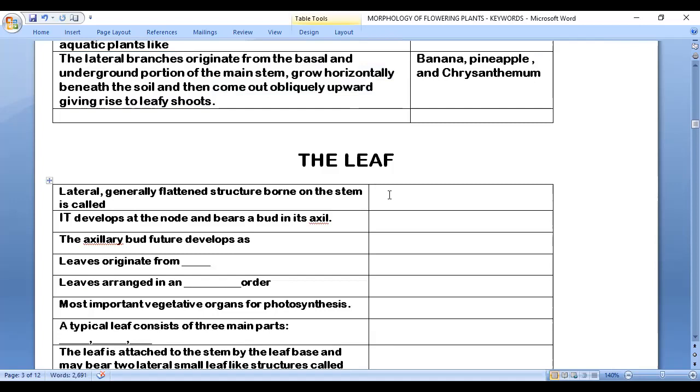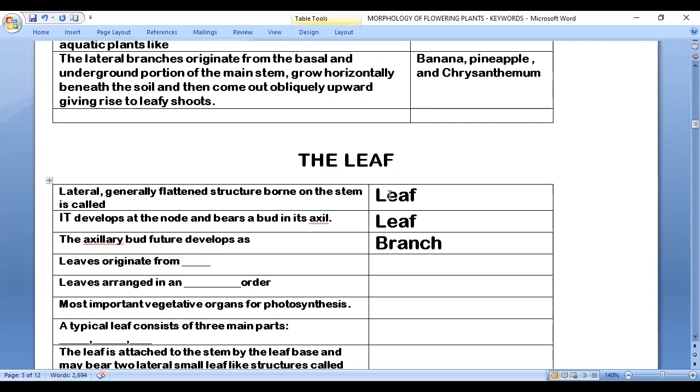Leaf. A lateral, generally flattened structure borne on the stem is called a leaf. It develops at the node and bears a bud in its axil. The axillary bud later develops as a branch.